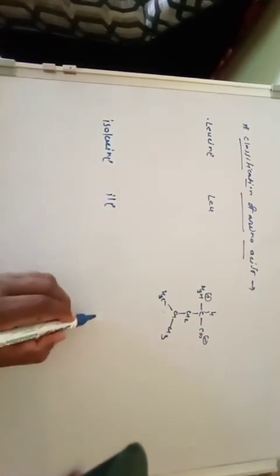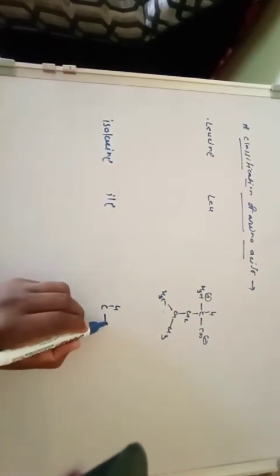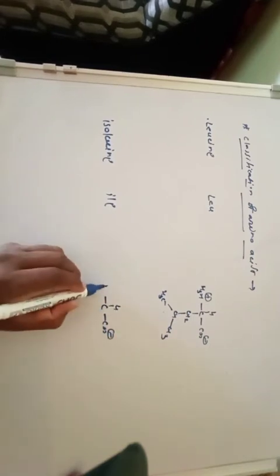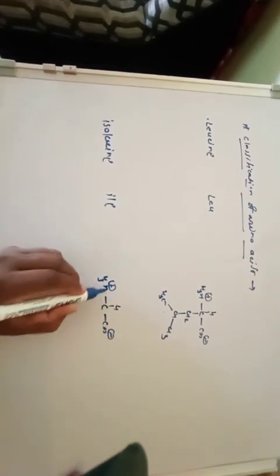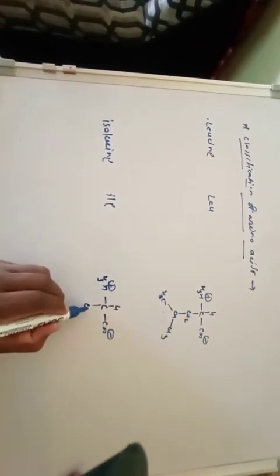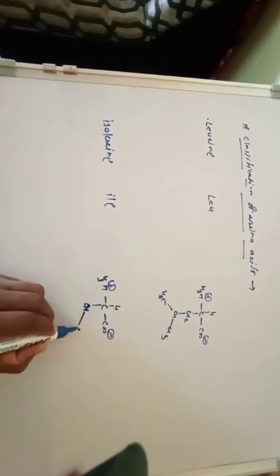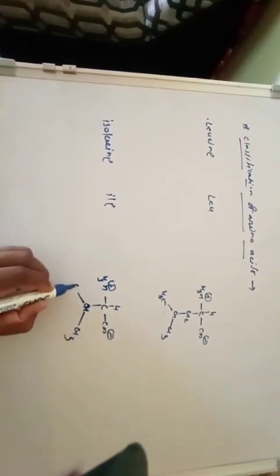If you see the structure, it is CH CO minus NH3 positive, then CH CH3 CH2 CH3.